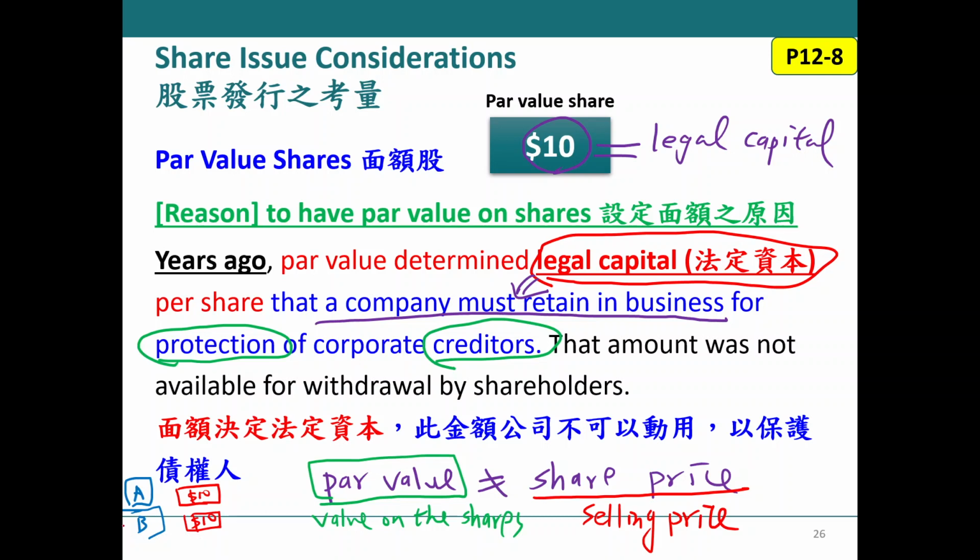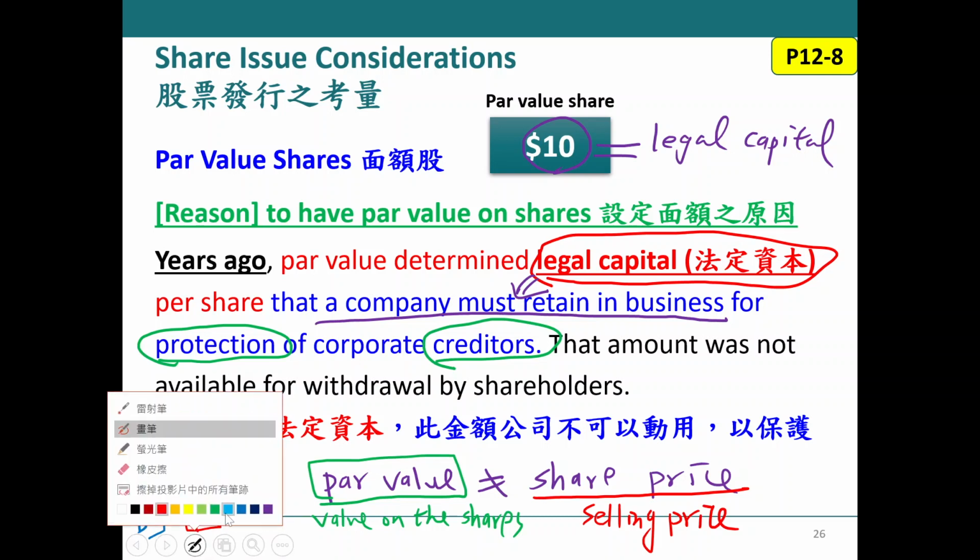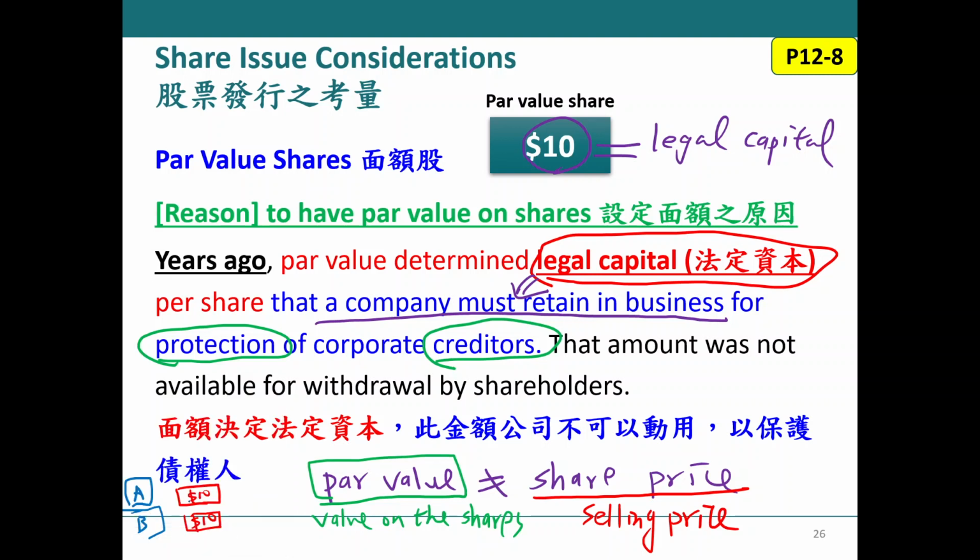But different companies, when they sell the shares to the market, will not get the same price, right? So for company A, when it sold to the market, the share price, the market value, may be $20. For company B, when they sell to the market, the share price may be $500.